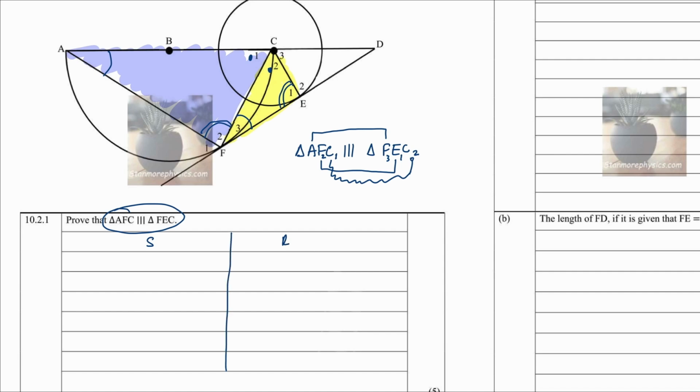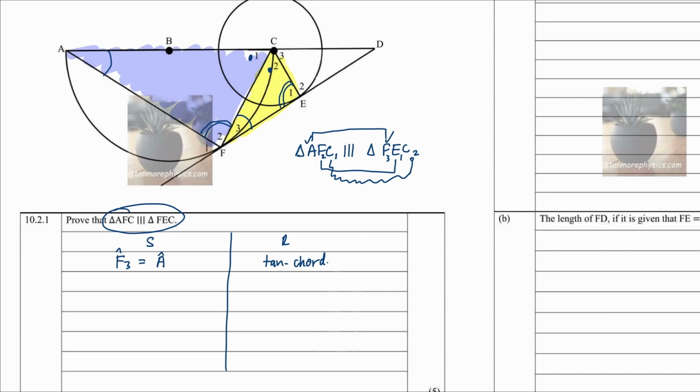We can say that angle F3 is going to equal angle A, and that is because of the tan chord theorem. So that's been taken care of.